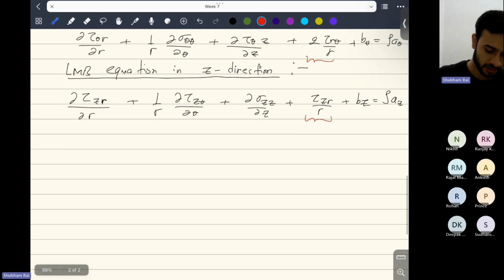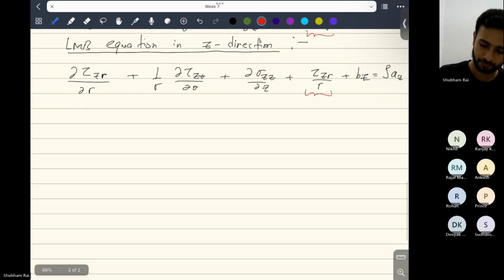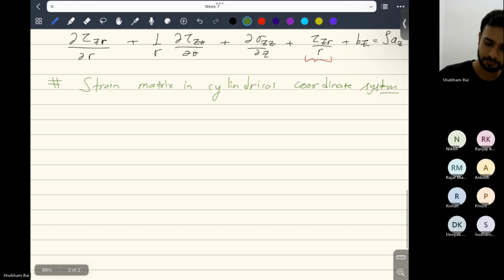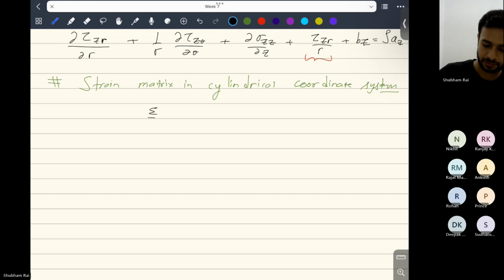Let me now write the same matrix in the cylindrical coordinate system. Let's choose some different color. Then you have the main matrix in the cylindrical coordinate system. If you see, that is nothing but the strain tensor, which is given by half of grad u plus grad u transpose.